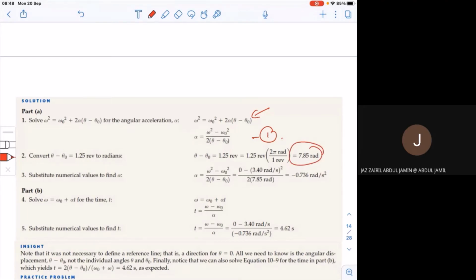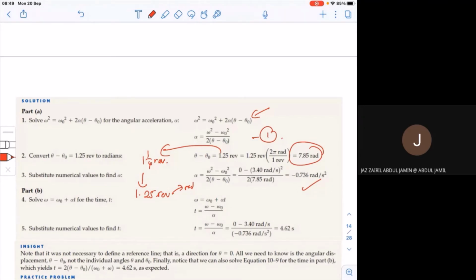This is 1.25 revolutions, but we need to convert it to radian because revolution is not the SI unit for theta. The answer is 7.85. Then from here we can get alpha equal to negative 0.736 radian per second squared.